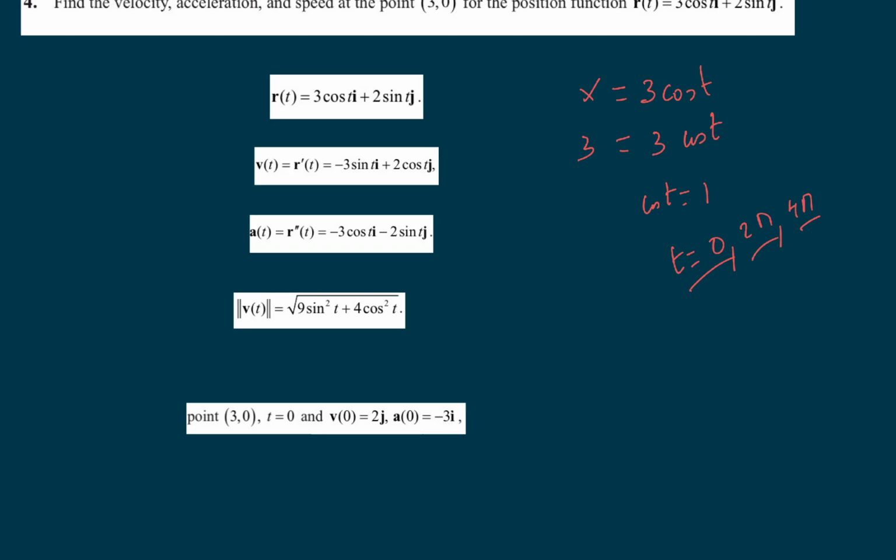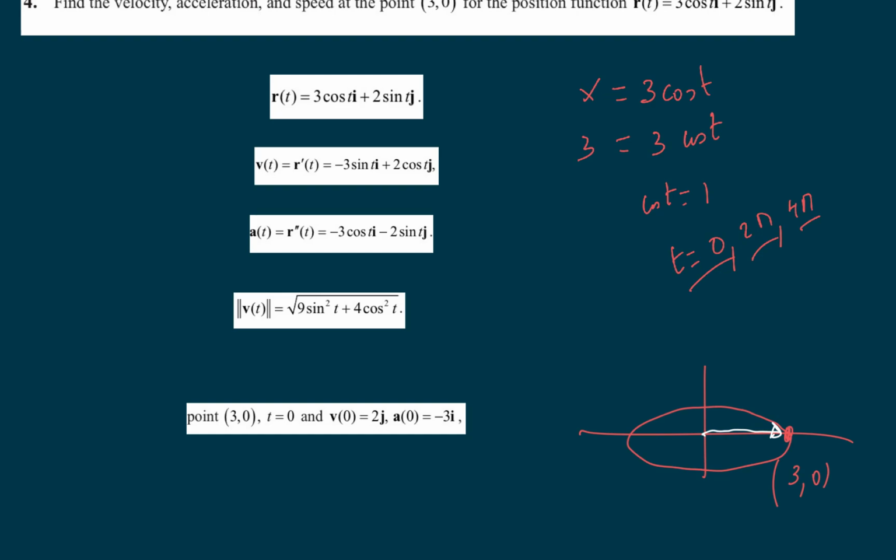So the picture is something like this. The object is moving in an ellipse. At t equals 0, the position is x equals 3, y equals 0, so it's at the point A. The position vector is this one.